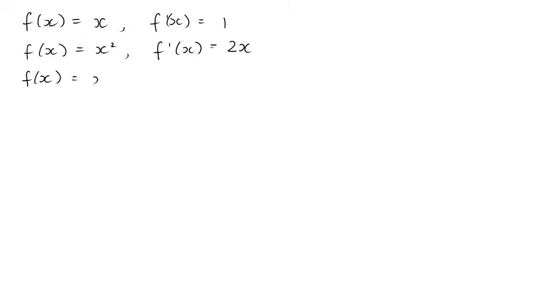If you've got x cubed, the derivative equals 3x squared. If you've got x to the power of 4, you get 4x cubed. Can we see a pattern forming?